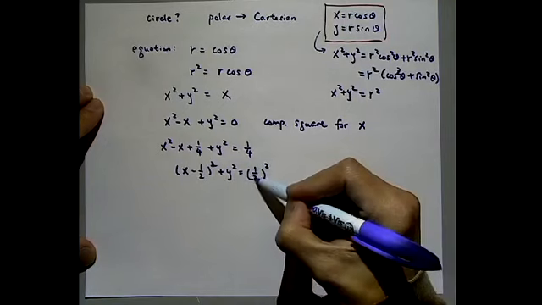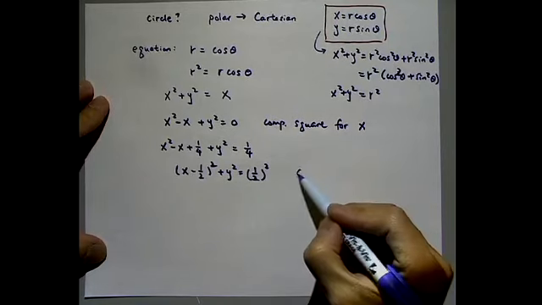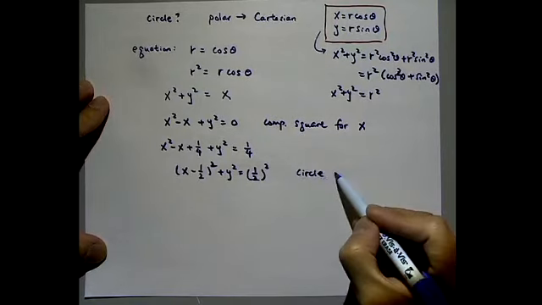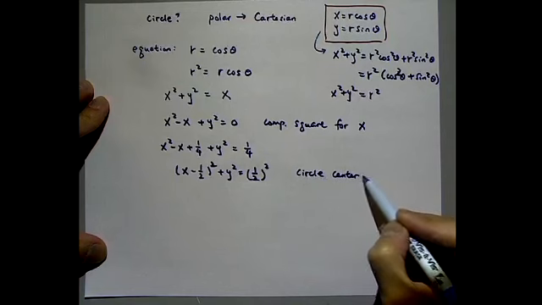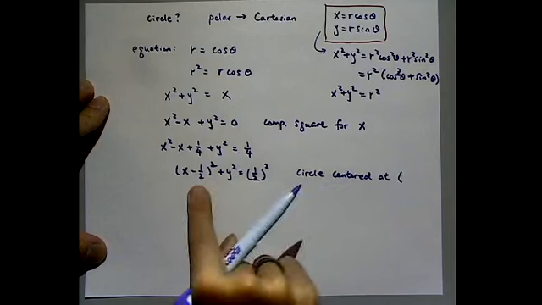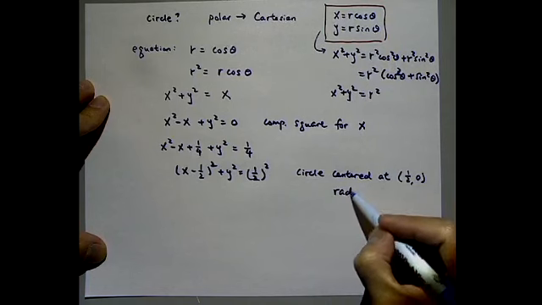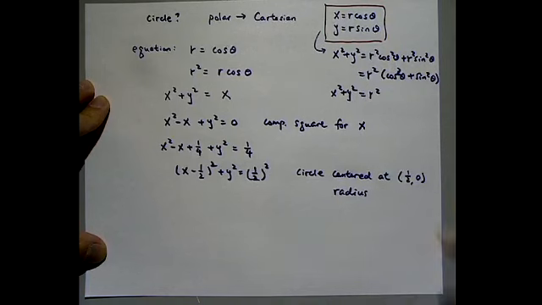Okay, so now we see what the shape we're dealing with really is. This is a circle with a center at 1/2, 0, and a radius of 1/2, right?